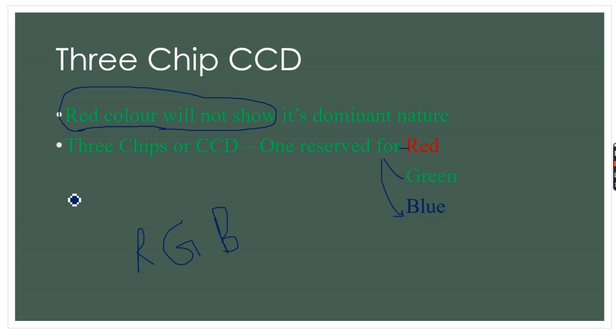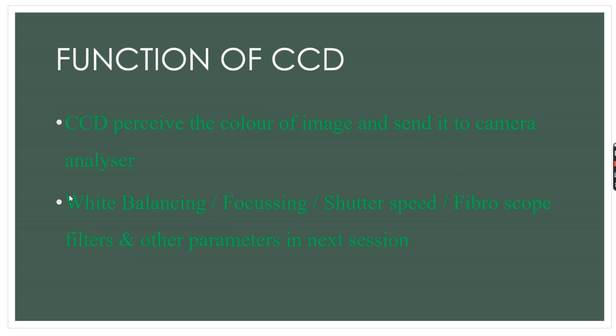Just remember, in the 3-chip camera there are 3 charge coupled devices, and they separately send the signals further, so there is less noise and better color of the image, right? So what is the function of the CCD? It perceives the color of the image and sends it to the camera analyzer attached behind, and that camera analyzer, camera body or camera source projects the image towards the monitor.